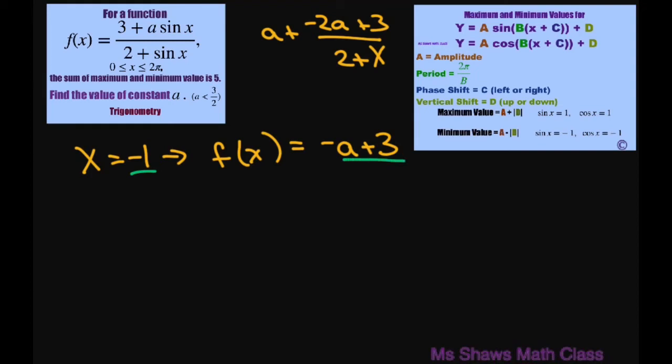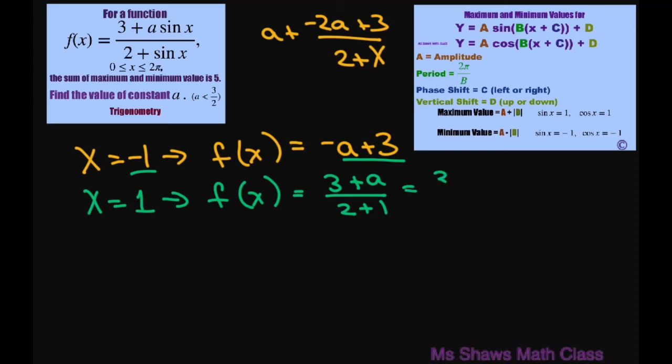All right, now when X equals 1, that would be your max. This is going to be f of x equals 3 plus a divided by 2 plus 1. And this is going to equal 3 plus a divided by 3. All right.